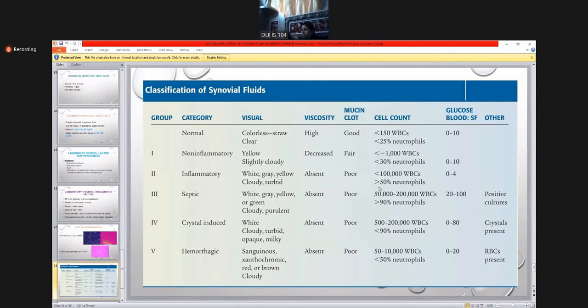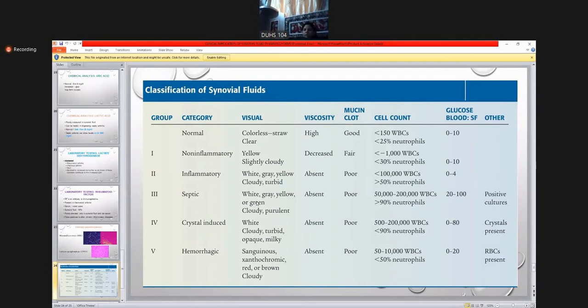Okay? And more than 50% neutrophils are present as well. And the glucose level is also decreased, that is 0 to 4, because of the increased utilization by the neutrophils and the bacteria. Okay?